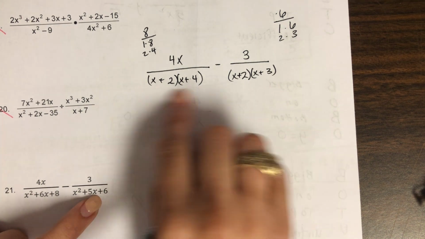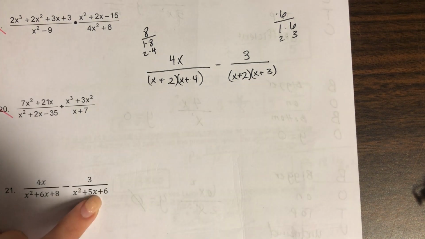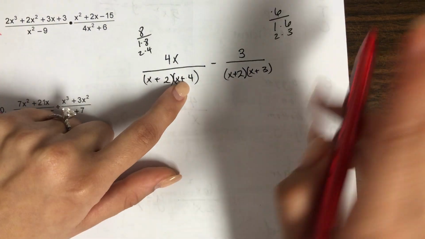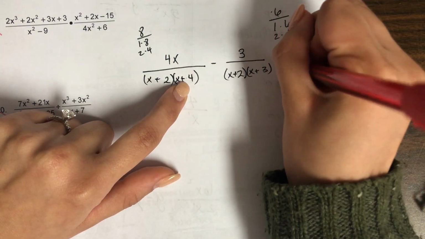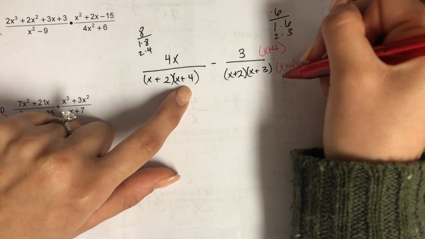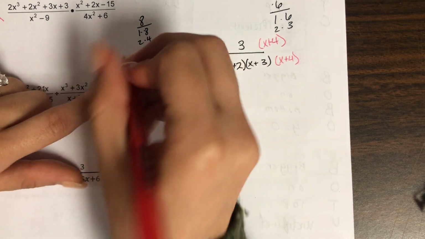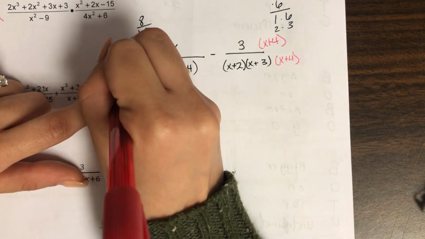Now that I have an idea of what they are both missing from each other, I know this fraction is missing an x plus 4. This fraction is missing, oh, so what you do to the top, you do to the bottom. And on this side, we are missing an x plus 3.